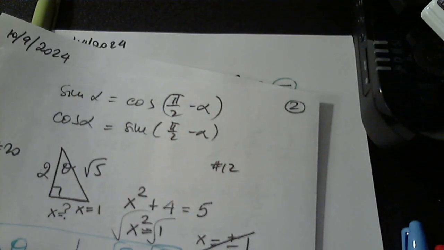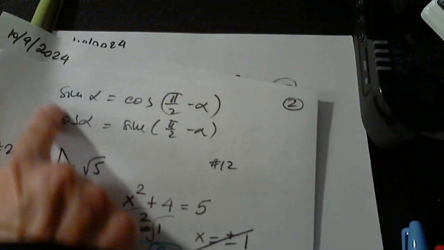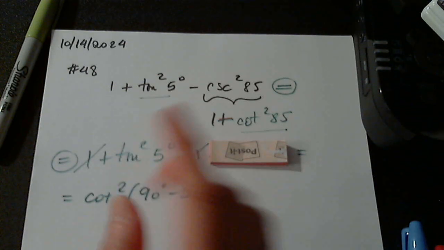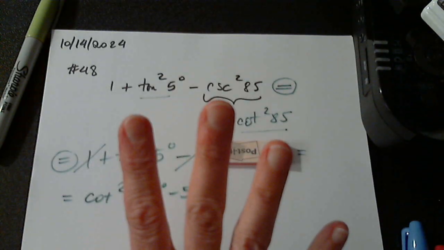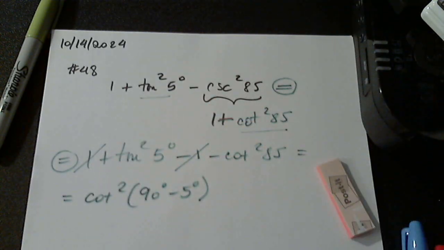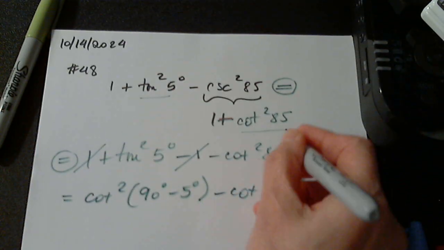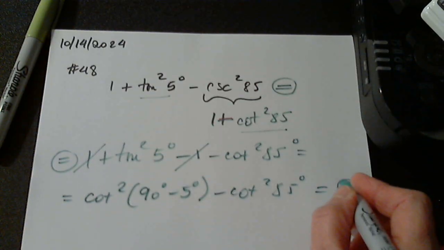I did not write all 6, the other 4, but they are the same. So then I replace this by cotangent squared of 90 minus 5, which is basically cotangent 85. Then I continue, minus cotangent squared 85 degrees, of course. Therefore, cotangent 85 minus cotangent 85, the answer is 0.